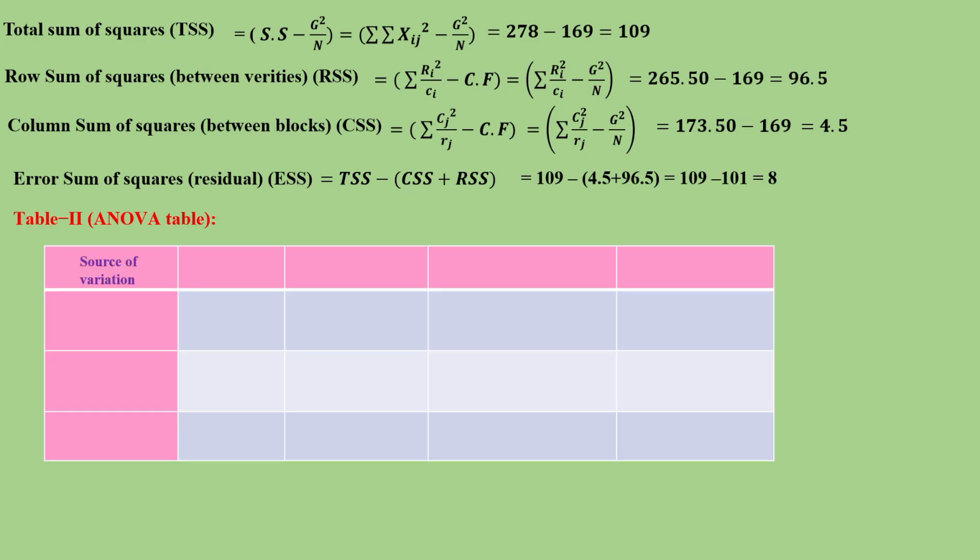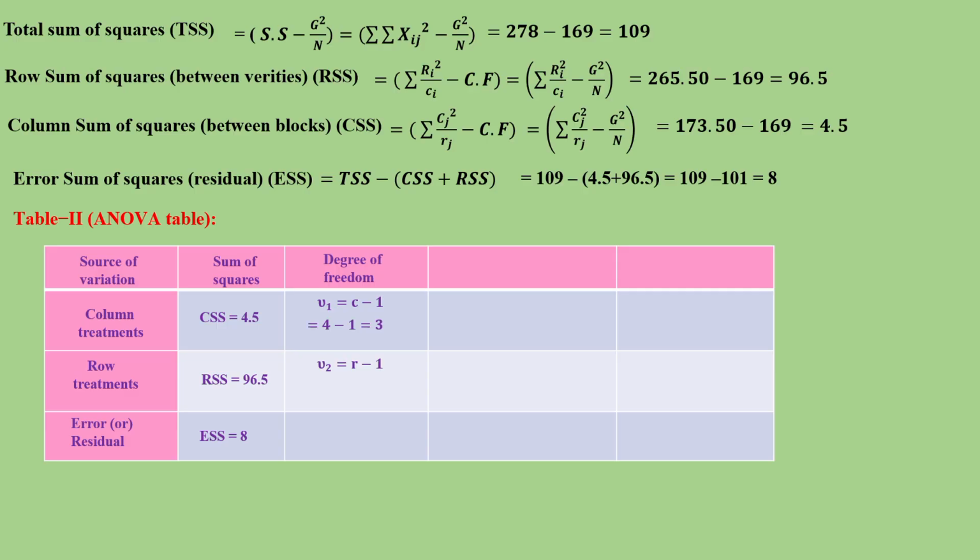Then in our table: source of variation, column variation, treatment that is row variation, then error variation. Sum of squares: CSS 4.5, RSS 96.5, ESS 8. Degrees of freedom: V1 is C minus 1, 3; V2 is R minus 1, 3; and V3 is R minus 1 into C minus 1, 3 into 3, 9.